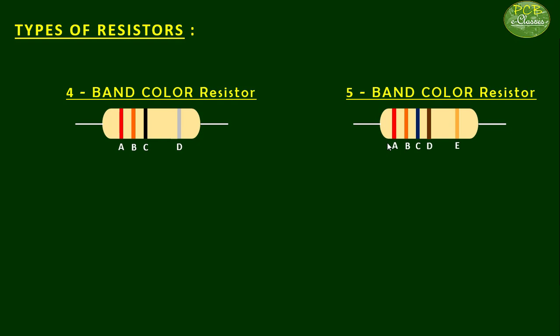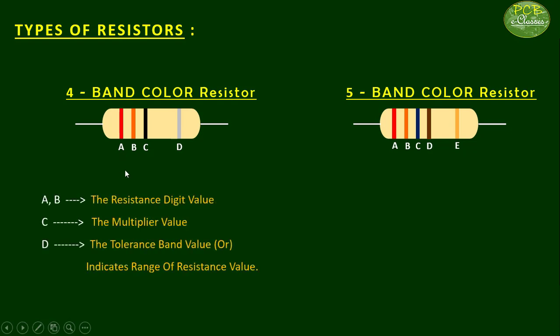Now we'll consider the 4-band color code resistor. See here, A and B indicate the digit value of the resistance, and C indicates a multiplier value. We can understand with examples.